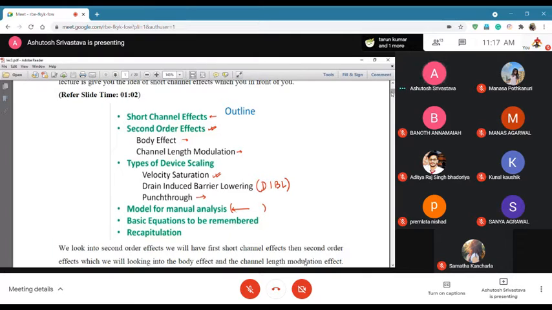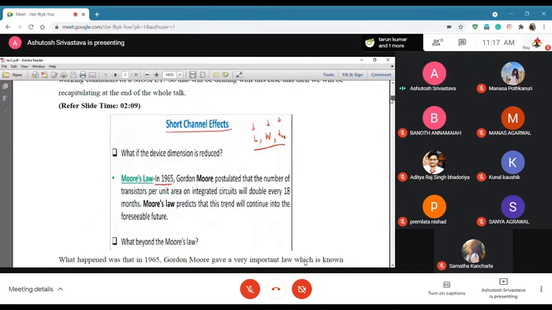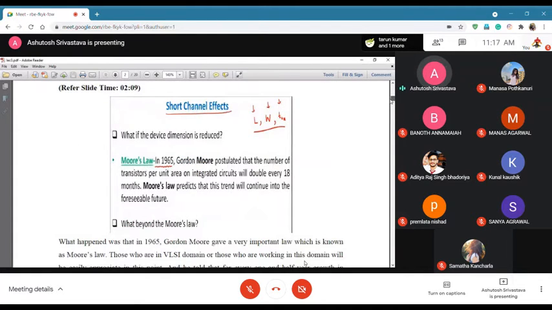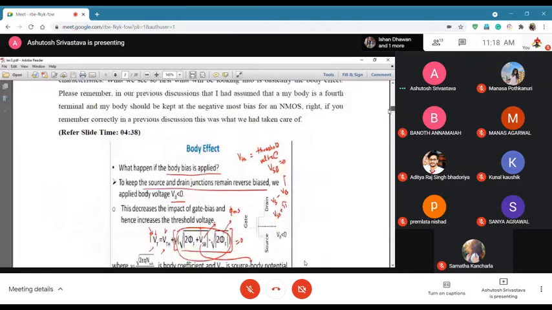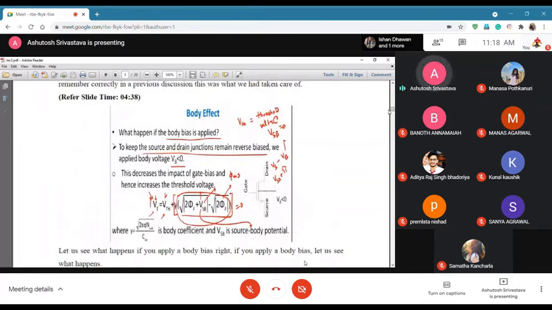And then there are the basic equations that one should be aware of while going through this introduction to VLSI design course. I think we have already talked about this, and we have also talked about this. So I just repeat in brief in a faster manner.